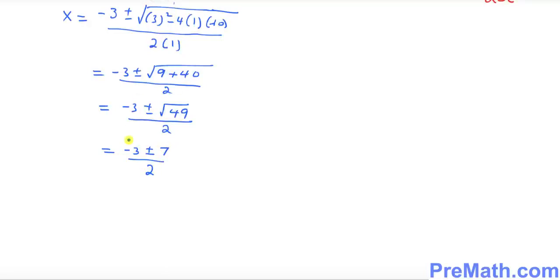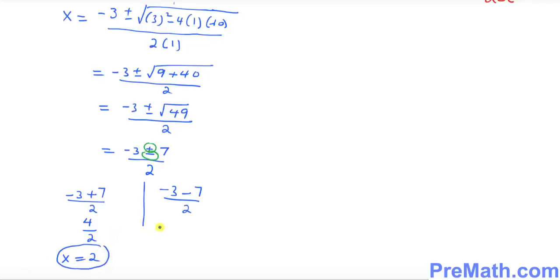Now we're going to go ahead and split these signs, once positive and then negative. So that's going to give us negative 3 plus 7 divided by 2, and the other is going to become negative 3 minus 7 divided by 2. So that's going to give us 4 over 2, which means our solution is x equals 2.